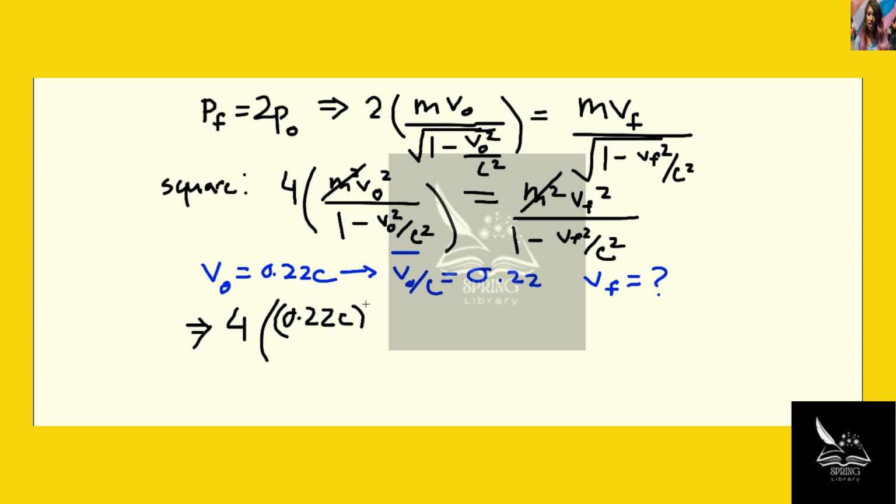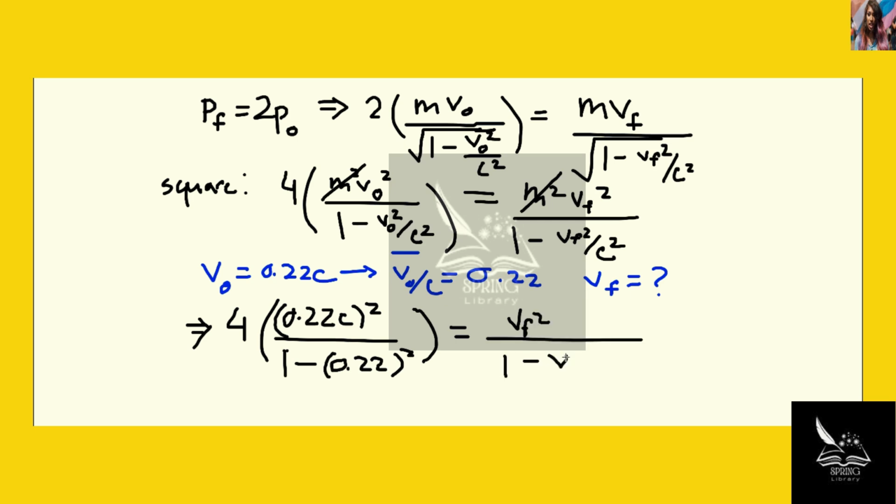Remember to square the whole thing, right, over 1 minus 0.22. It's just this part that you're squaring, right? That will equal Vf squared over 1 minus Vf squared over c squared. Okay?